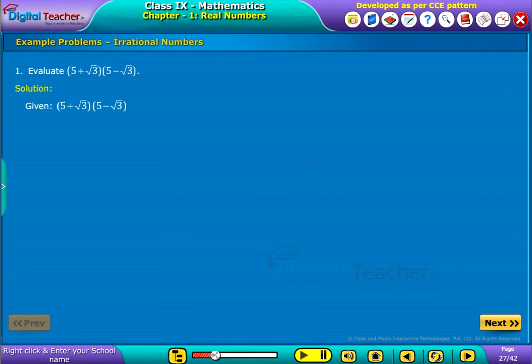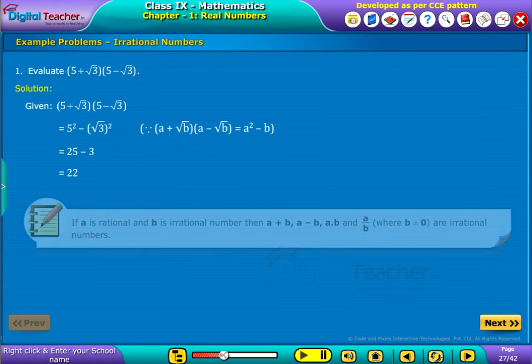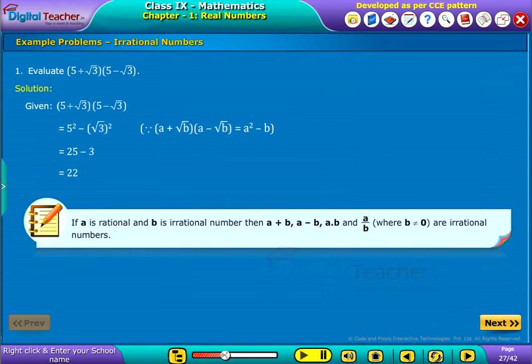By further solving, we get 5 square minus root 3 whole square, that is equal to 25 minus 3, which in turn is equal to 22. Note, if a is rational and b is an irrational number, then a plus b, a minus b, a into b and a by b, where b is not equal to 0, are irrational numbers.